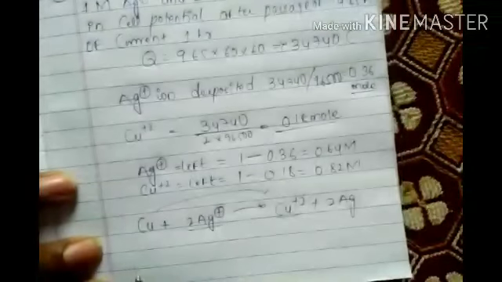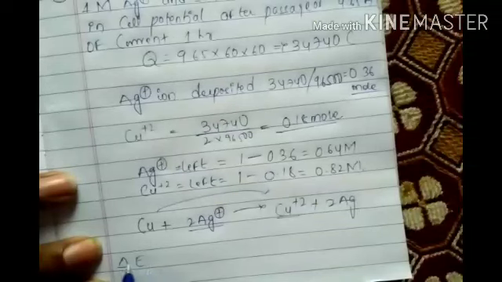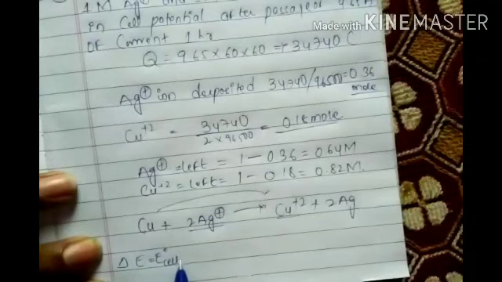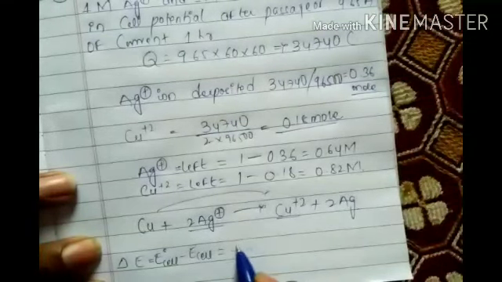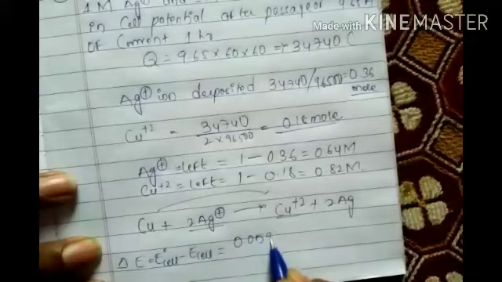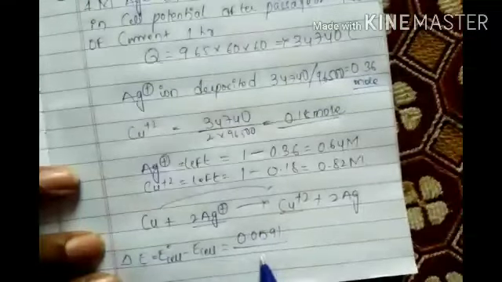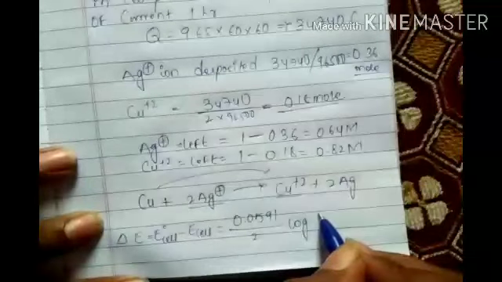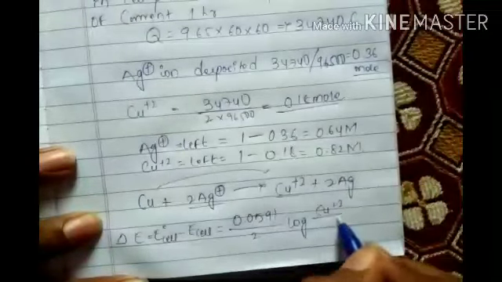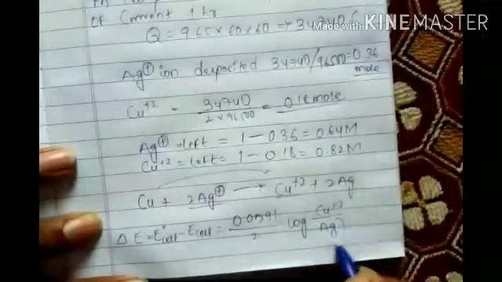So according to the Nernst equation, delta E equals E naught cell minus E cell equals 0.0591 by 2 log of product. What product? Cu plus 2 by Ag plus squared.